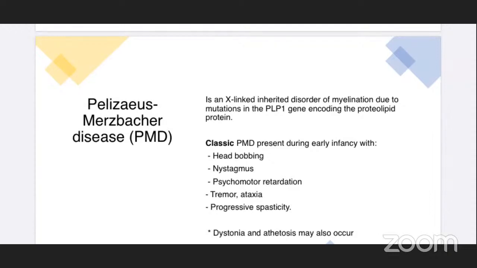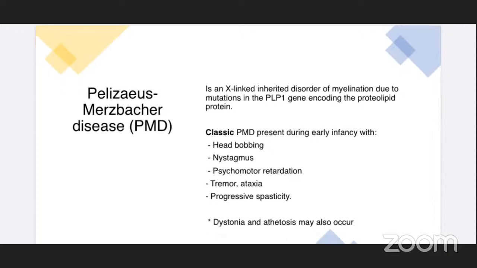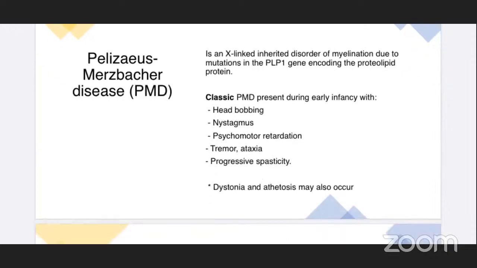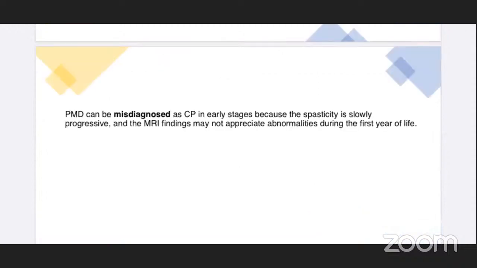Classic PMD presents during early infancy with head bobbing, nystagmus, psychomotor retardation, tremor, ataxia, and progressive spasticity; dystonia and athetosis might occur in the long run. PMD can be misdiagnosed as cerebral palsy in early stages because the spasticity is slow and progressive, and brain MRI may not show abnormalities during the first year of life.